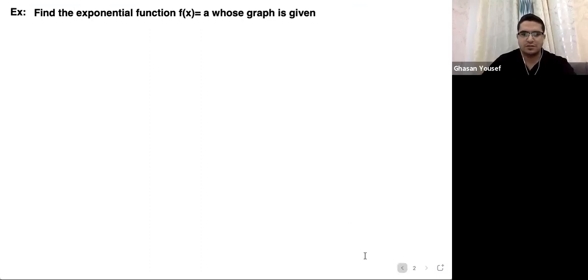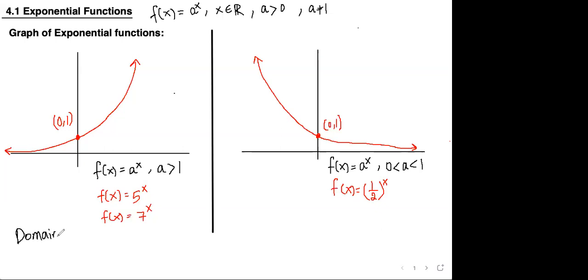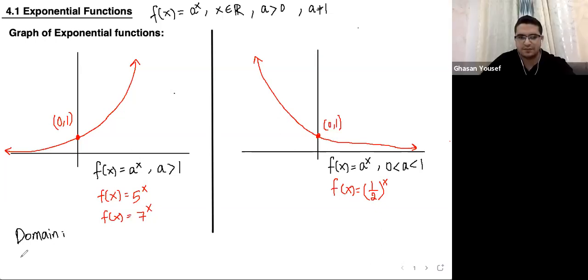By the way, what is the domain for this function? Is it all the x-axis?